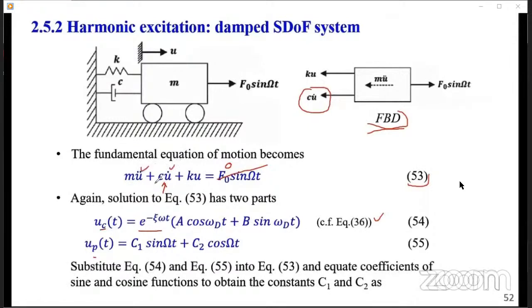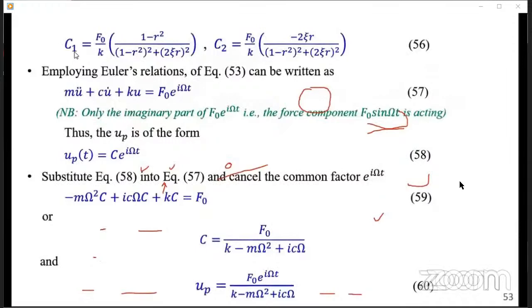Then you substitute and simplify, and you equate the coefficients of the sine and cosine functions so that you obtain the constants C1 and C2. You could also say A and B, but to avoid contradiction, you use different notation, C1 and C2. So you need to work that out so that C1 and C2 are given in this expression.